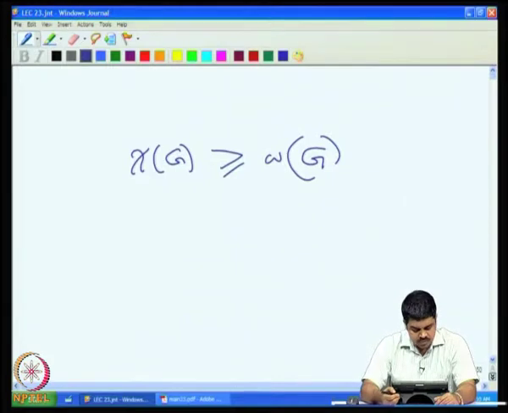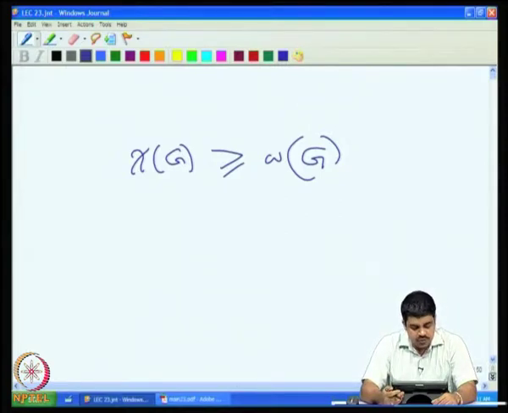Now, the question is, is it the reason for chromatic number to be high? We had asked this question. We have seen that it is not true. We had constructed graphs which are triangle free, but the chromatic number is arbitrarily high, and we had mentioned that we can even ask the shortest cycle in the graph to be greater than some given number k, and still the chromatic number can go arbitrarily high.